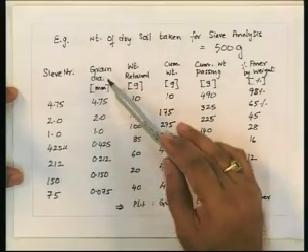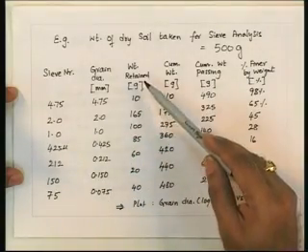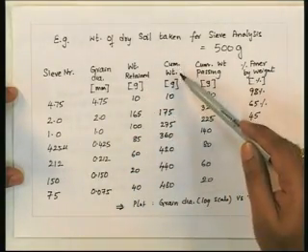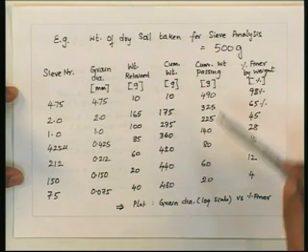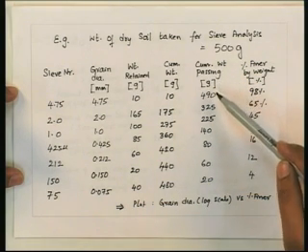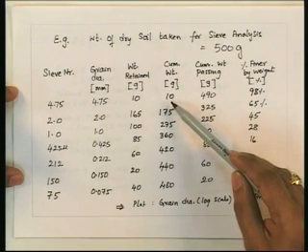This column represents the grain diameter, the weight retained on each sieve, and the cumulative weight retained on each sieve is calculated, and the cumulative weight passing is given: 490 grams passed through the sieve, and only 10 grams is retained here.